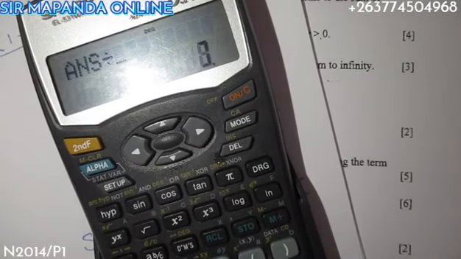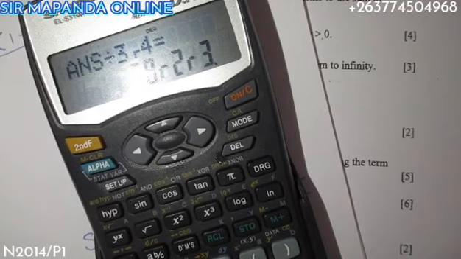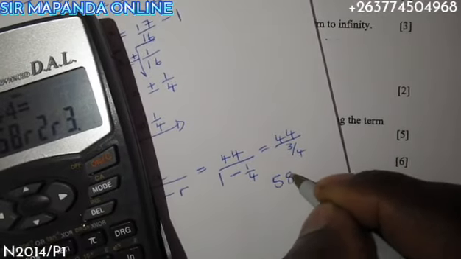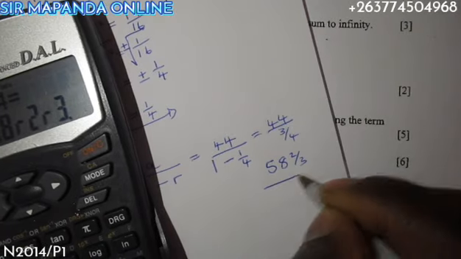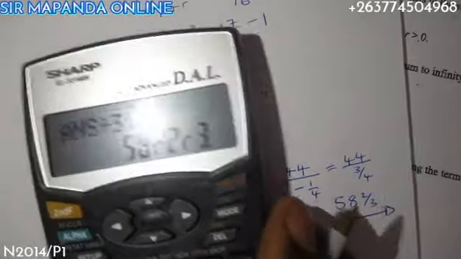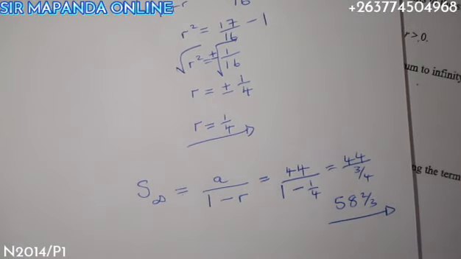Divide this by 3/4, you get 58 and 2/3. And this is your sum to infinity. Then you are home and dry. So this is how you do it. Stay tuned as we move on to question number 12.